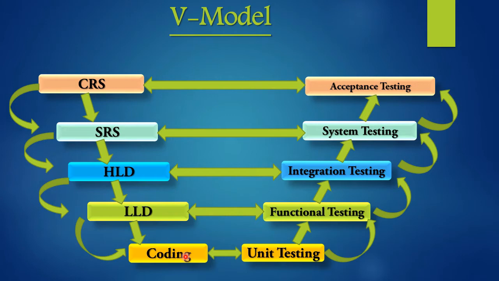So after completion of one build, the developer does some basic testing, that is unit testing, and after unit testing, the developer gives that build to the tester for further in-depth testing, by using functional testing, integration testing, system testing, and acceptance testing methodologies.